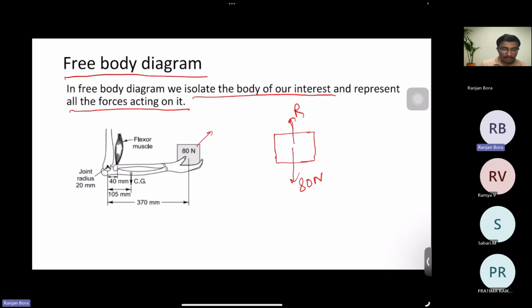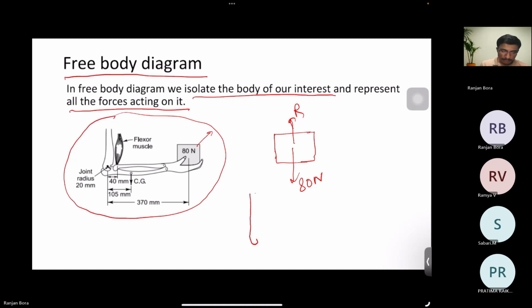Now, if we want to draw the free body diagram for this complete hand, how will we draw it? We will separate out the hand. Then we will not draw the block because now we are interested in the free body diagram for this hand. In the hand, what are the forces acting? There is one force of 80 Newton, which is acting in the vertically downward direction.